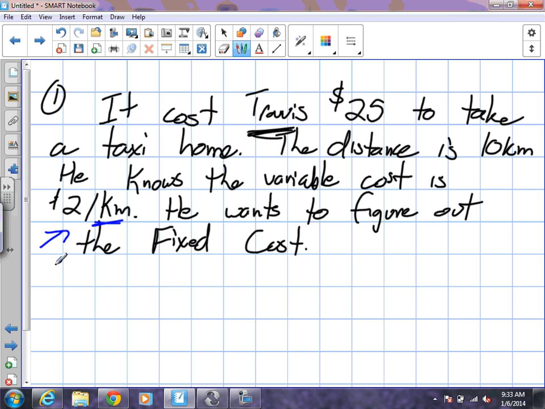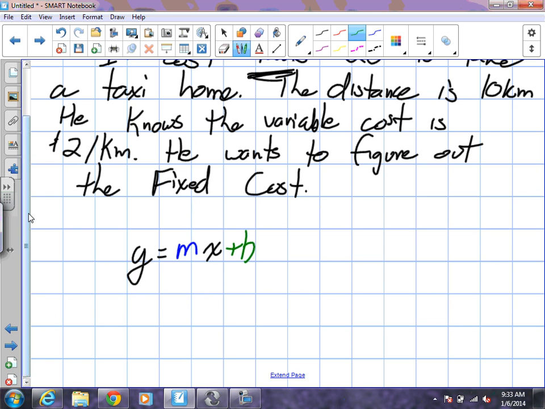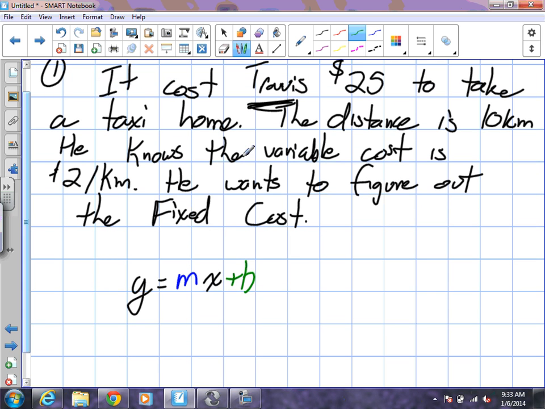So we have to build an equation. For instance, y equals mx plus b. We know this is a linear equation. But what we want to do is assign some information to the variables. Our total cost of a taxi will be our y value, because we have to think of independent variables.